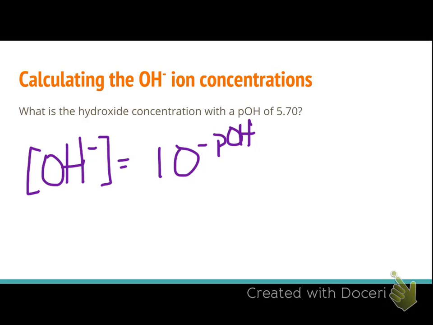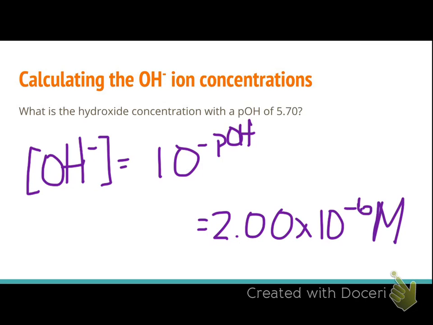So with this one, looking for the hydroxide concentration of a pOH of 5.7, it's negative 5.7, so it equals 2.00 times 10 to the negative 6th. Our units on that is molar.